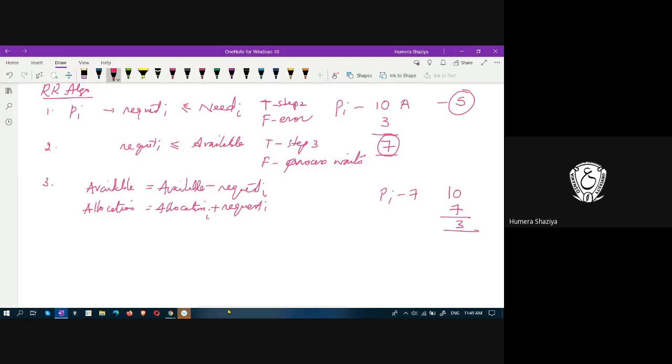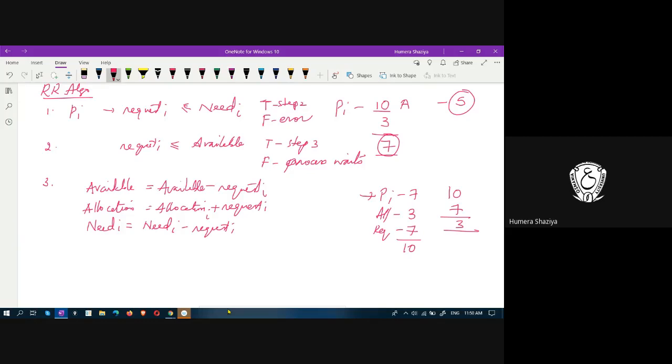Now P1 has already been allocated 3 instances of resources. This is the allocation. Allocation is 3 and request is 7. Now total allocation for PI would be equal to 10. And then need of I is equal to need of I minus request of I. In this example, the process P1 need is fulfilled because total need of PI is 10.